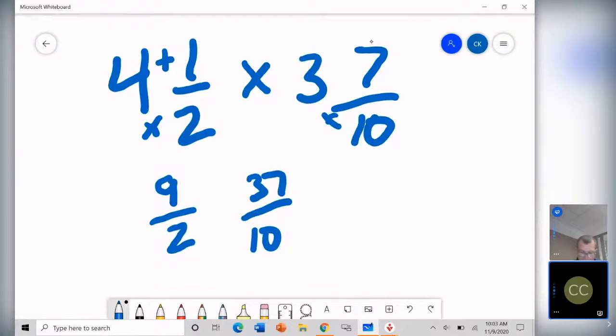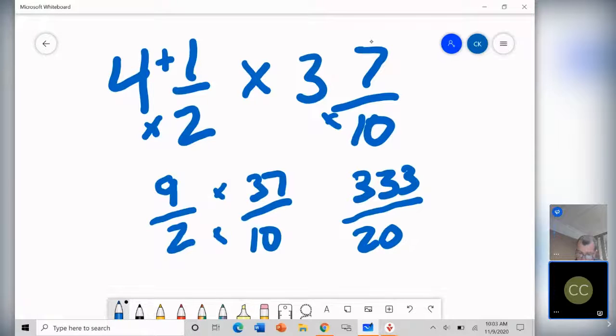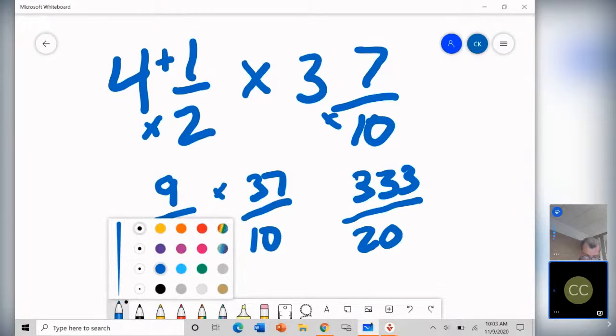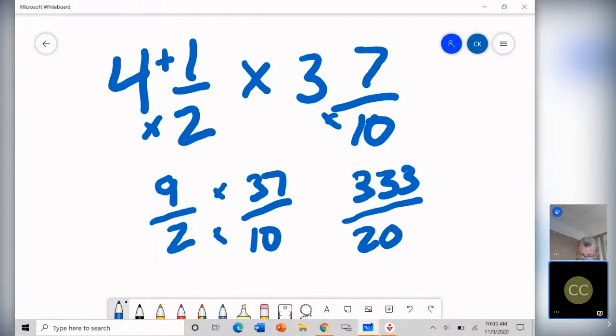Then when you multiply the 9 times the 37 and 2 times the 10, we're going to get 333/20. Okay, and that is an improper fraction there. So what we're going to need to do is divide the 20 into the 333, and what we're going to get is 16 13/20.